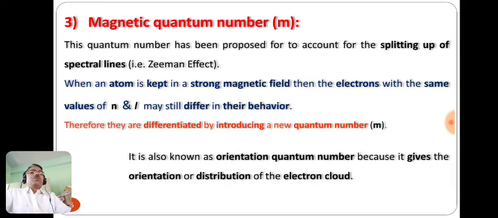It is also known as the orientation quantum number, because it gives the orientation, or we can say the distribution, of the electron cloud. So the alternative name of the magnetic quantum number is the orientation quantum number.